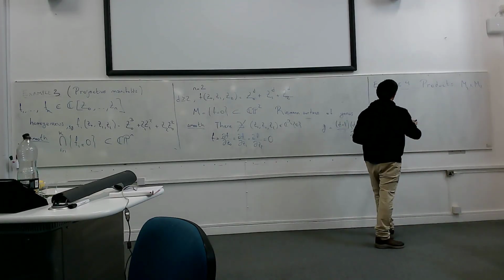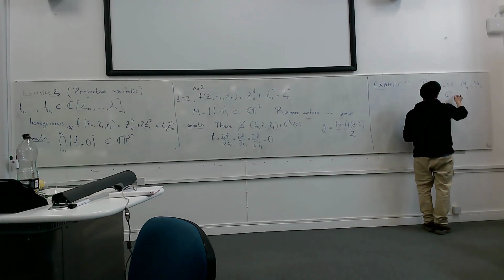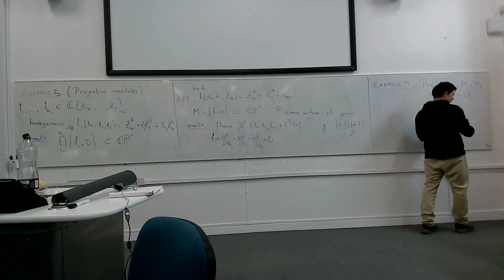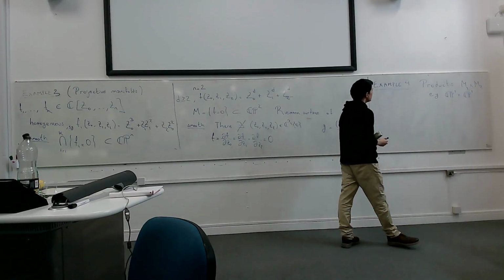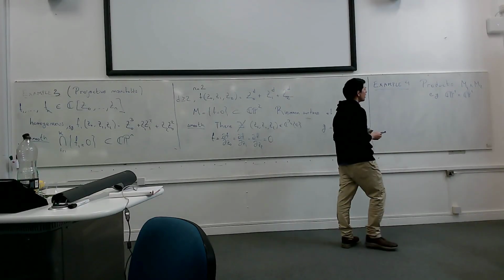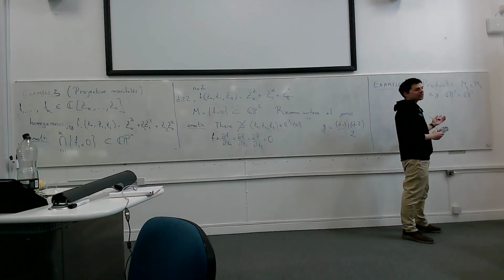So, for example, CP1 times CP1. That's a complex manifold of dimension 2. Dimension 2 is called a complex surface.